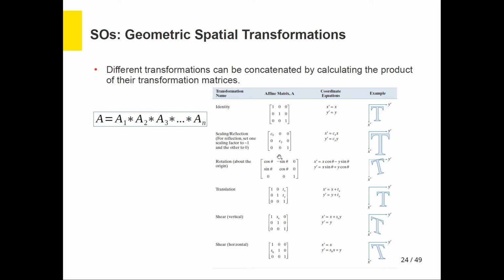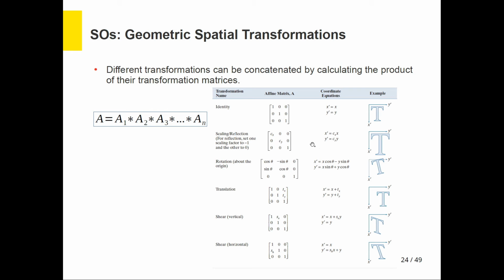If we only want to implement individual features, we can use each one of these transformation matrices individually. The first one, which is the identity transformation, basically gives the same input image as the output. We can use scaling and reflection using Cx and Cy.